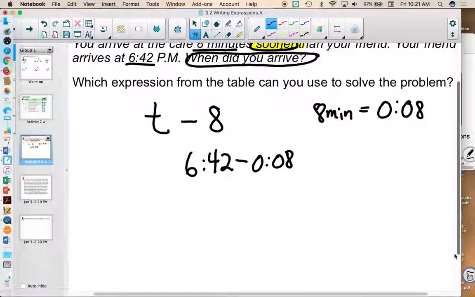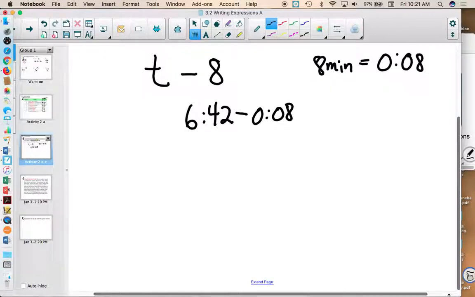And if I set that up, I say 6 hours and 42 minutes minus 0.8 minutes. Okay? Do I have to worry about my 6 hours over here, or do I just leave it alone for right now?